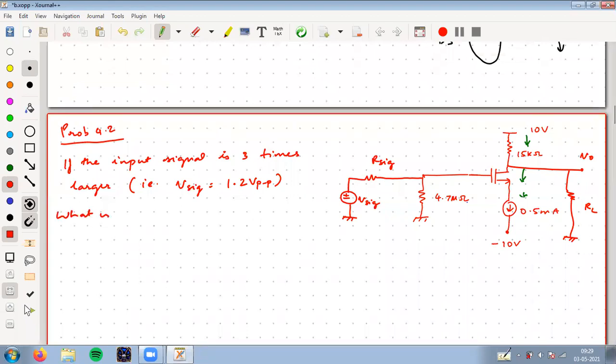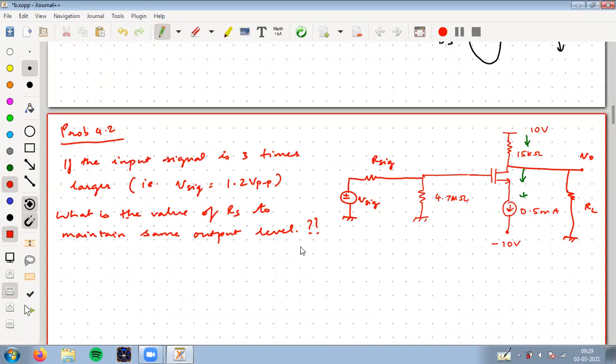What is the value of RS to maintain the same output level? To maintain the same output level. So he's indirectly asking you to solve the problem with the source resistance RS.